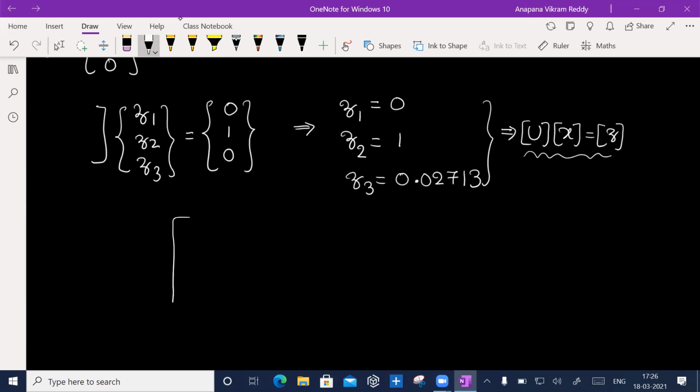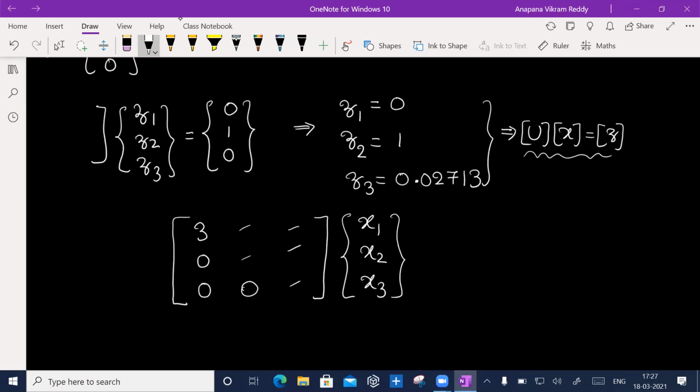So I know my U. My U is a 3 by 3 matrix, multiplied by x1, x2, x3. Now you plug in these Z values, okay? That's it. So now you employ backward substitution. Find out x3, x2 followed by x1.